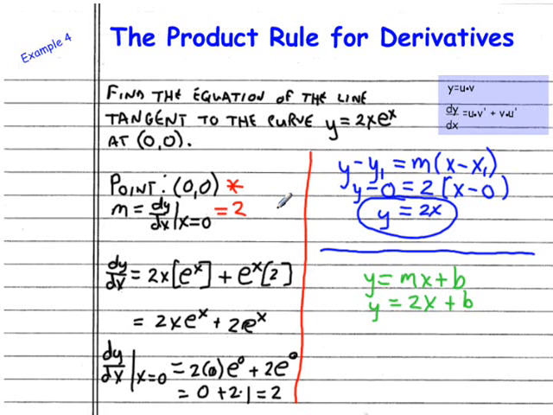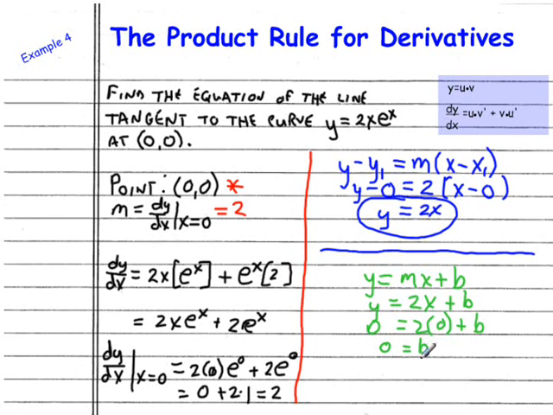So we'll put this 0 in for y, and we'll put this 0 in for x, and we know this resulting equation has to be true, and this resulting equation, of course, is just 0 is equal to b.